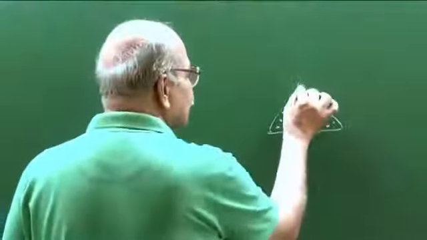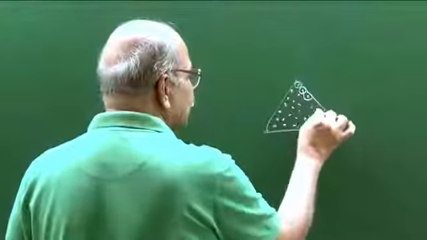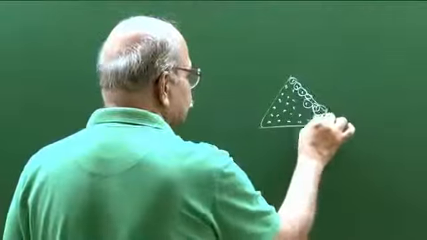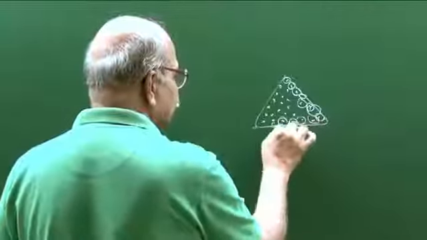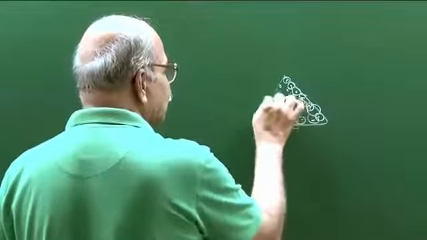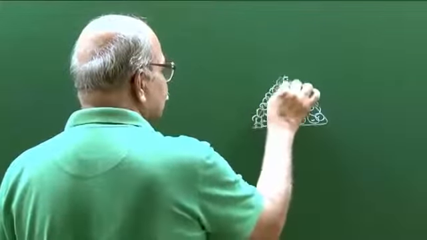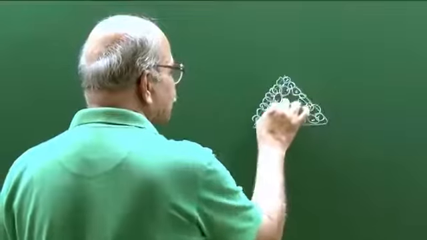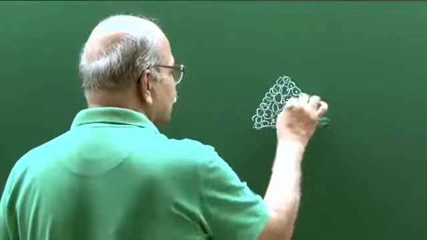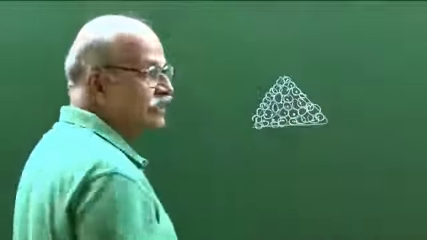So you have a disc like this, you have a disc like this, you have a disc like this, you have a disc like this, and so on. So all this will be there. From each point you make circular discs, but then that triangular shape is still maintained.